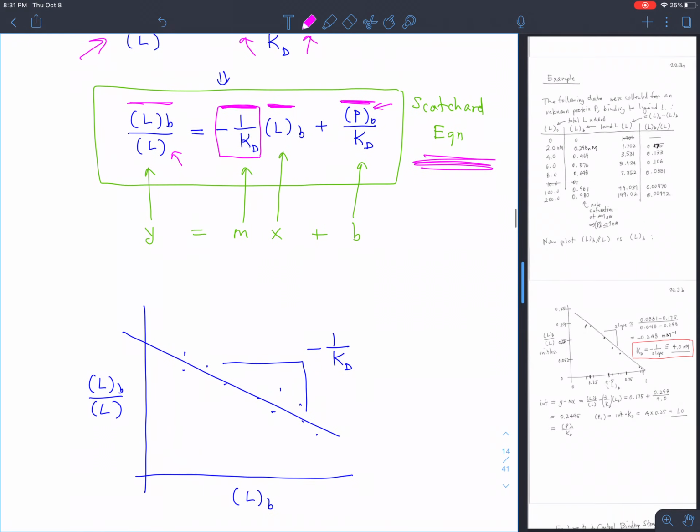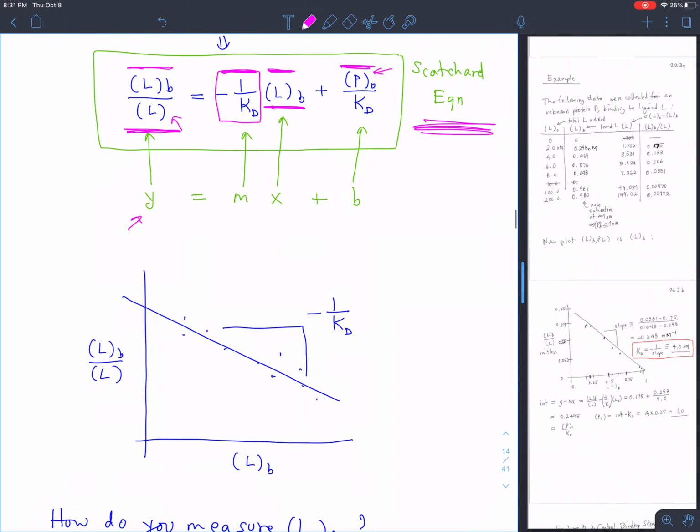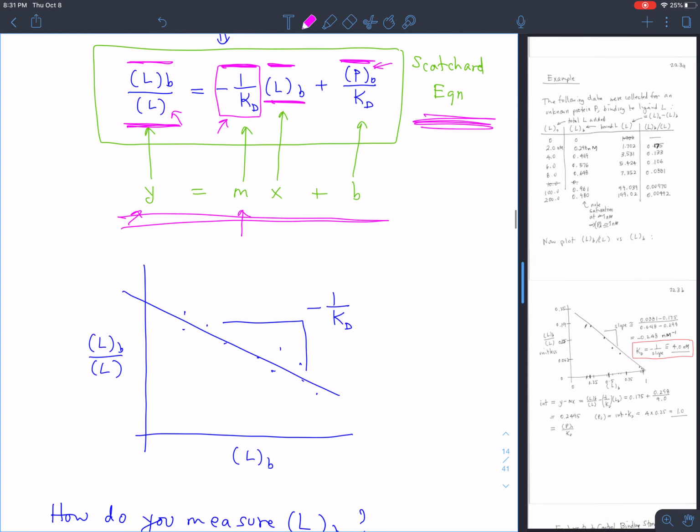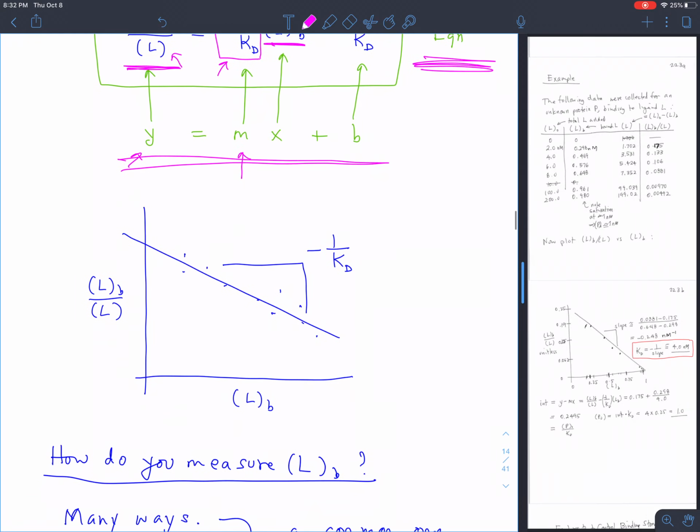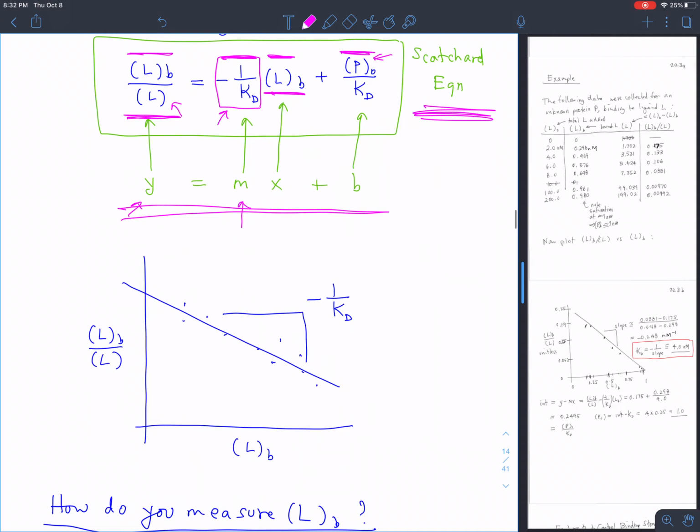So what that says is that if we plot this ratio of bound to free ligand on the y-axis versus the bound ligand concentration on the x-axis, we should get a straight line. This is an equation for a straight line, and the slope of that straight line will be -1 over the number we want, the dissociation constant for the protein.